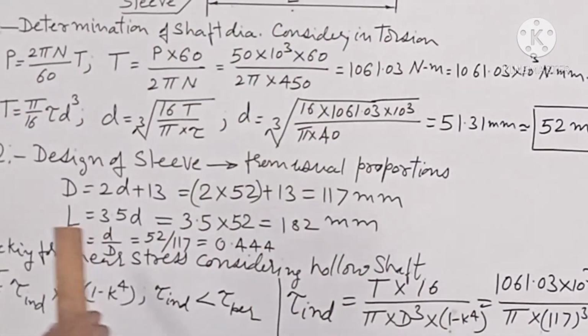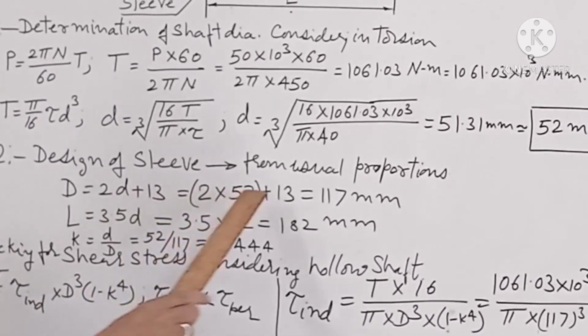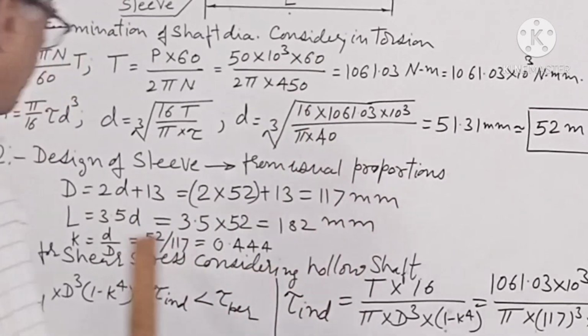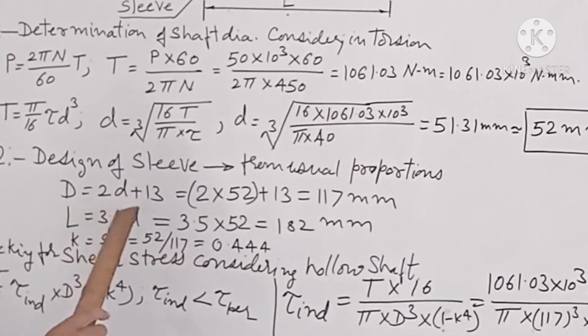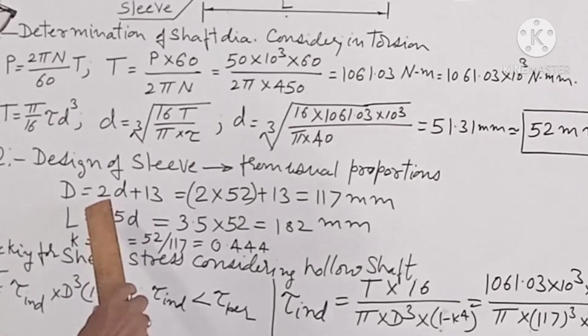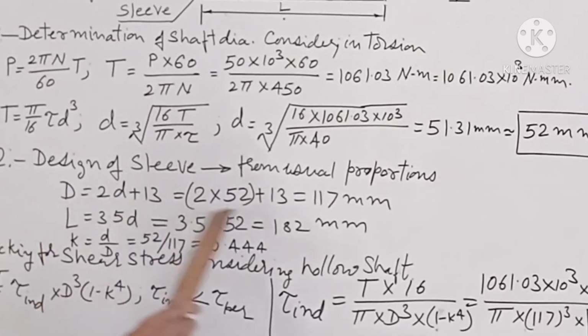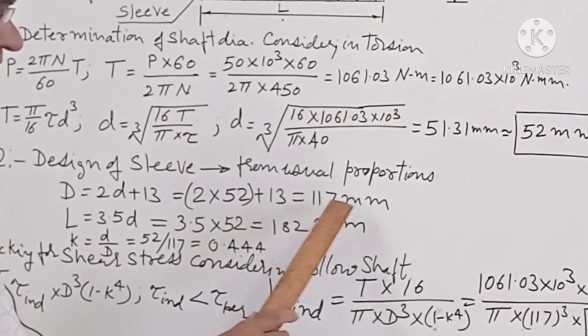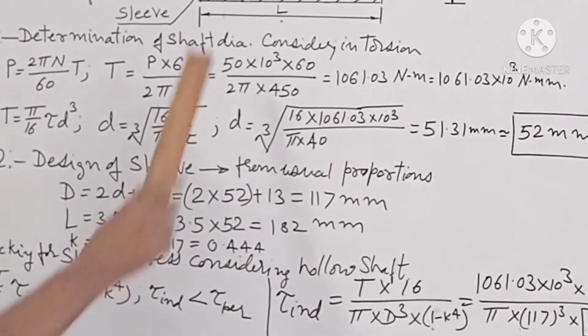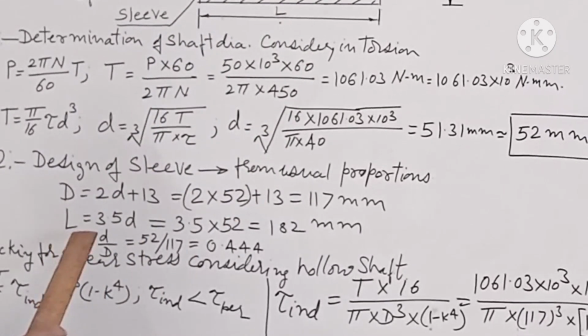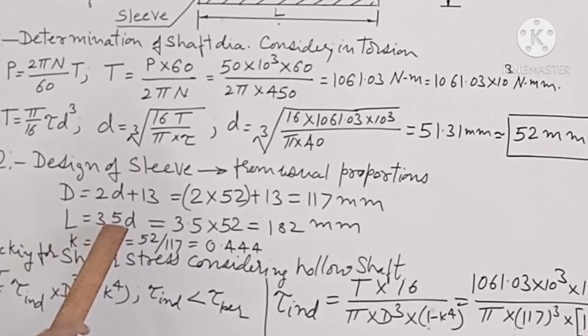Second step, design of sleeve. From usual proportions, capital D is equal to 2d plus 13. Putting the value of shaft diameter, the outer diameter of the sleeve comes out to be 117 millimeter, and length of the sleeve, that is 3.5 times the diameter.